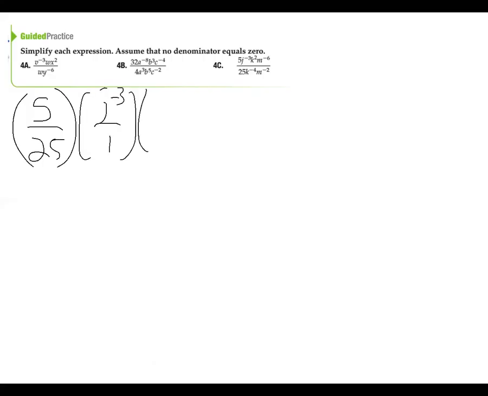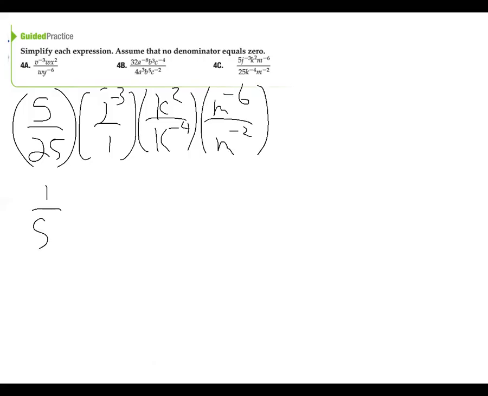Last one here, you would have 5 over 25 times j to the negative 3 over 1, k squared over k to the negative 4, m to the negative 6 over m to the negative 2. This would simplify to 1/5.